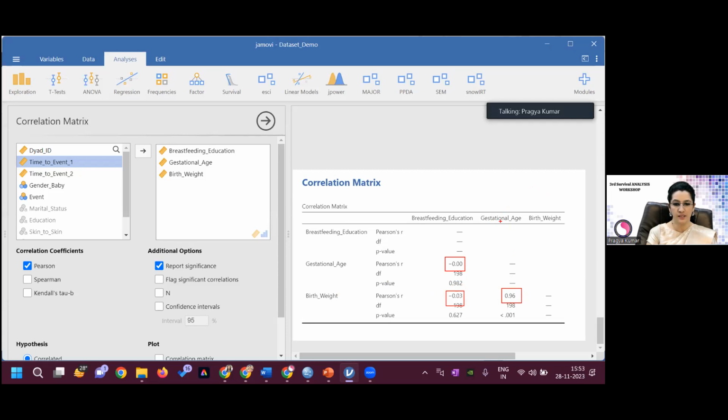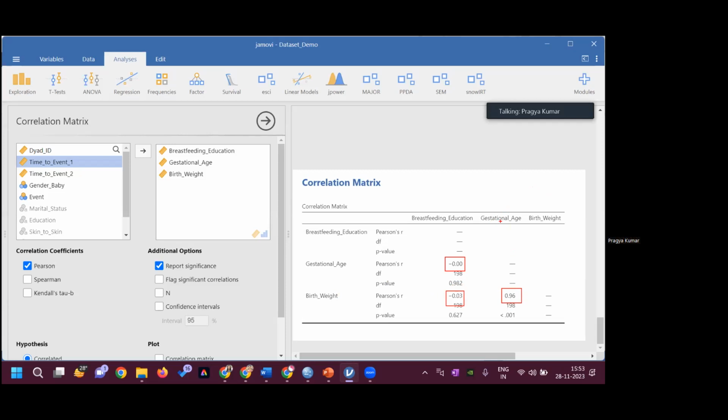Are you getting it? How to check for the multicollinearity? Yes? No messages in the chat box? Should I repeat it?